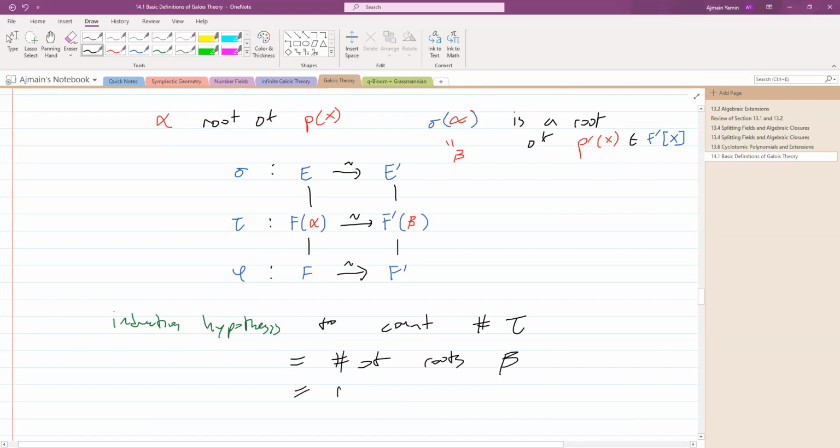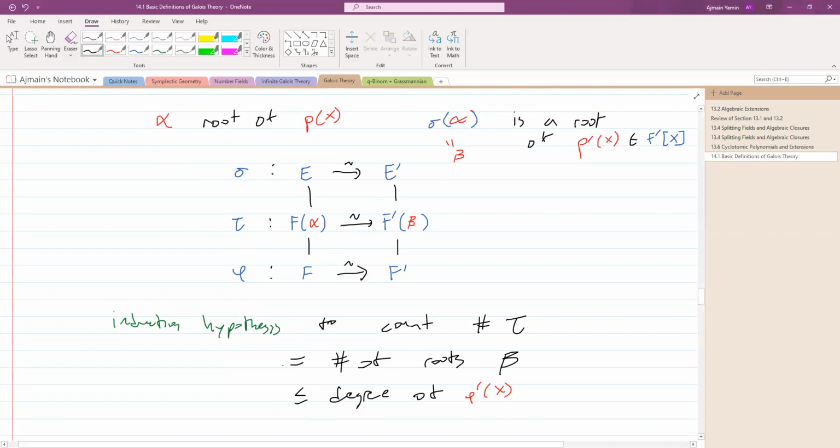And this is the degree of p prime of x. Well, it's at most the degree.